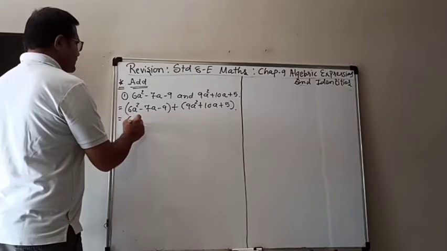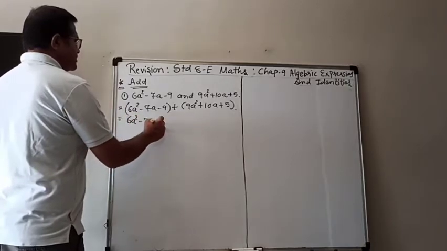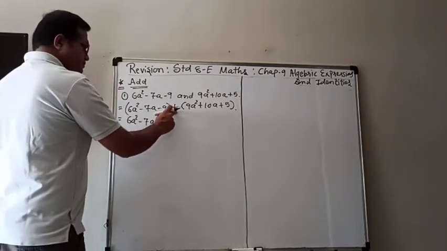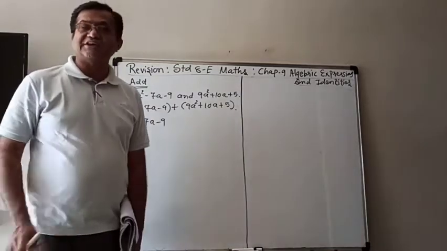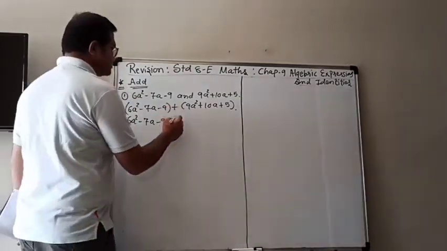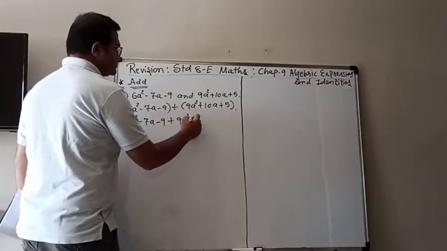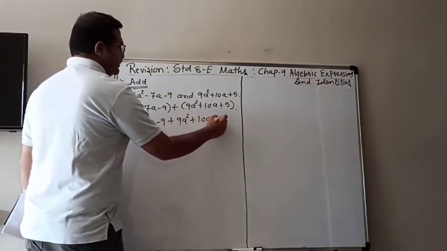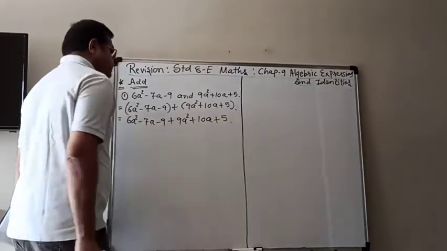Now removing the brackets. When there is a plus, you don't have to worry, just take out the brackets and write down all the terms as they are, means plus 9a square plus 10a plus 5.